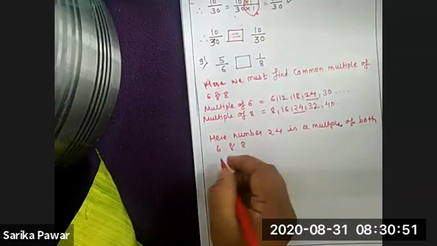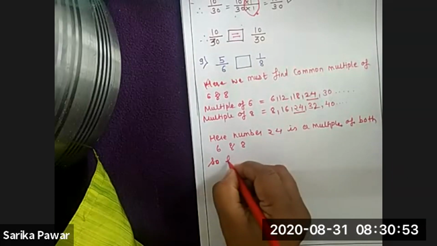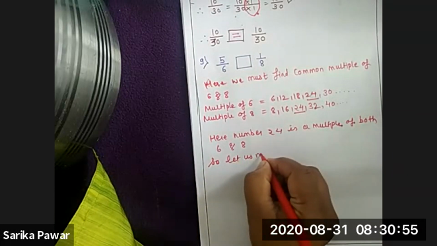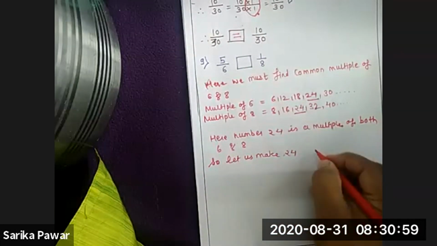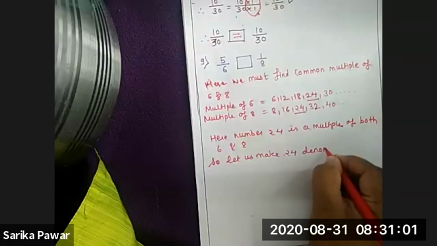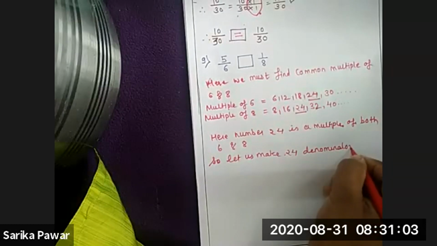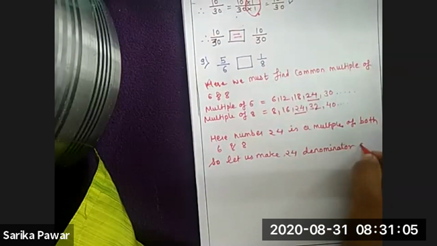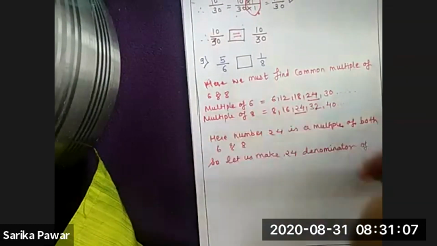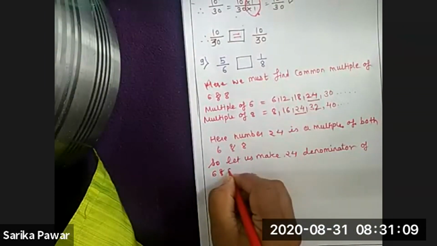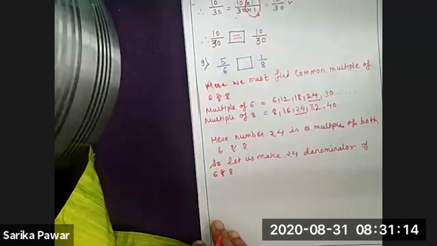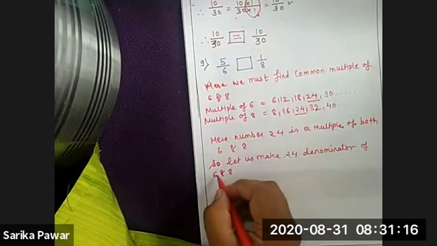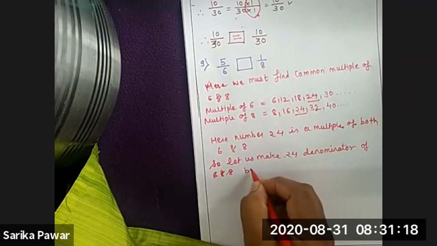So let us make 24 denominator of 6 and 8. Right? Now, denominator of both the fractions.